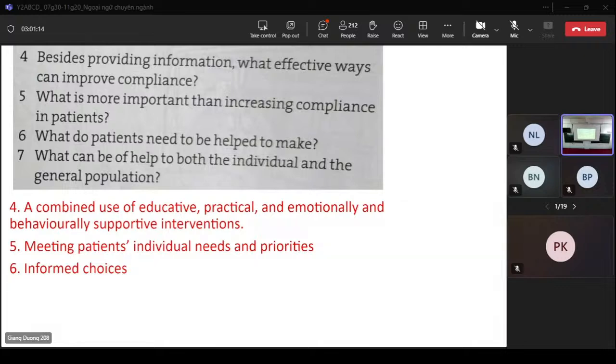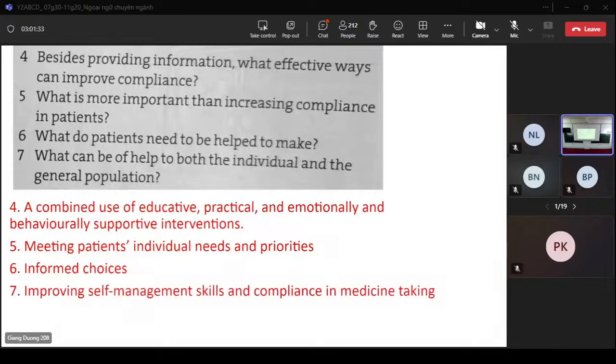Cùng đoạn nha các bạn. And the last one. Help both individual and general population. That appears in the last paragraph. Ở đoạn cuối cùng. Ha. The last paragraph. That's it. Self-management. Self-management skills. Kỹ năng tự quản lý. Được chưa?